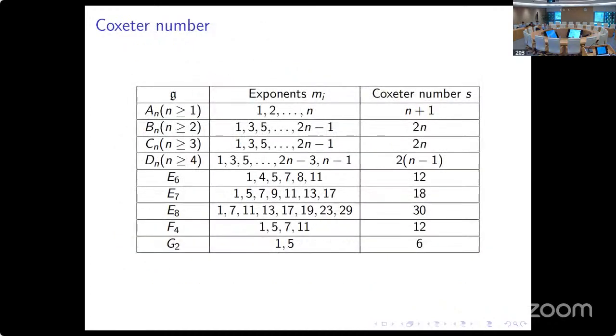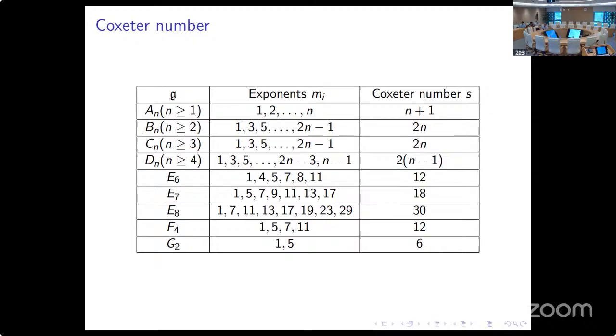Okay, so here is the table of the exponents. Chevalley first determined all the exponents for the classical groups ABCDE. Yan Zhida, when he studied in France, determined all the exceptional cases. So these are the exponents, and the corresponding Coxeter number is listed in the very right column.